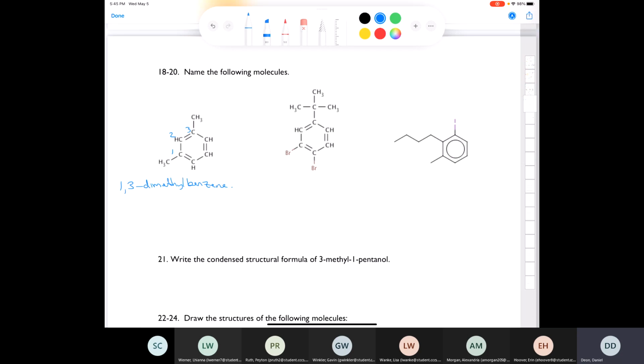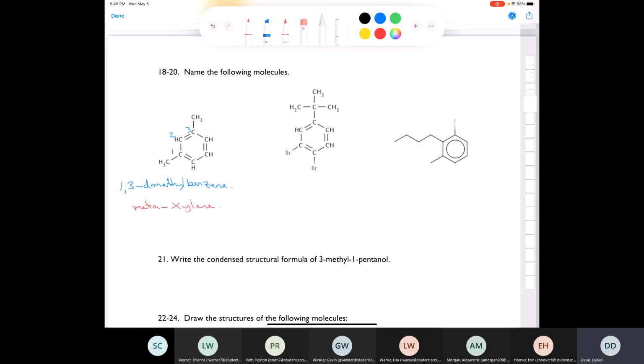And technically, there's nothing wrong with that name at all, okay? However, when you have two methyl groups on an aromatic ring like this, we call those xylenes. So a xylene, and when they're in the meta positions or 1,3 substitution, we call that metaxylene. It's just a common name, and I did show you xylene in the lecture slides.